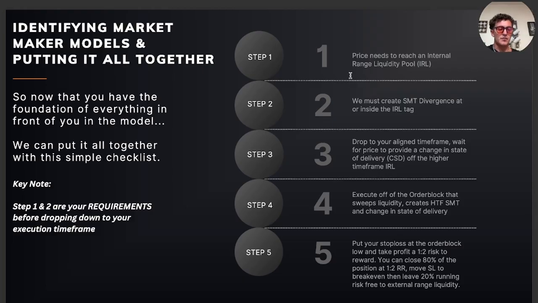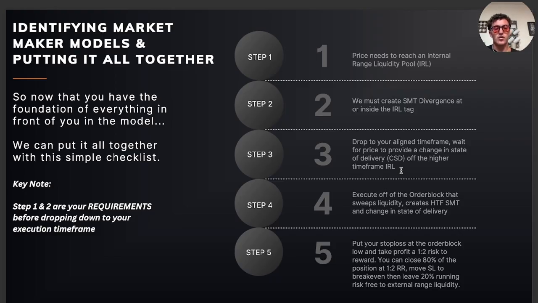Now, if price has step 1 and 2 checked off, then you can go to step 3, which is dropping to your aligned time frame and waiting for price to provide a change in state of delivery off of the higher time frame internal range liquidity pool. Just like how I showed you guys on the examples of what a change in state of delivery is.